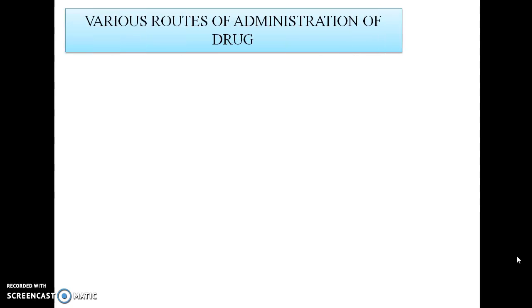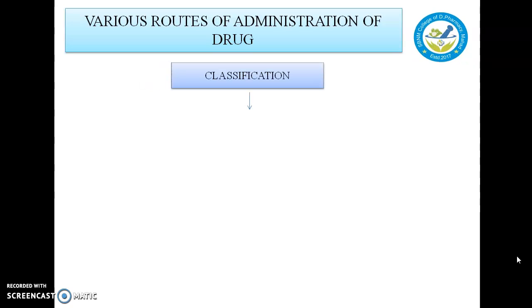Let's see the various routes of administration, or classification of them. The routes of administration are divided into two ways: first, systemic route, and second, local route.